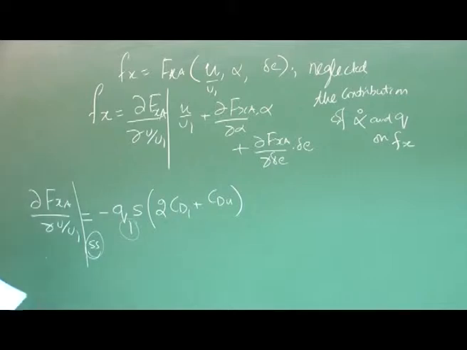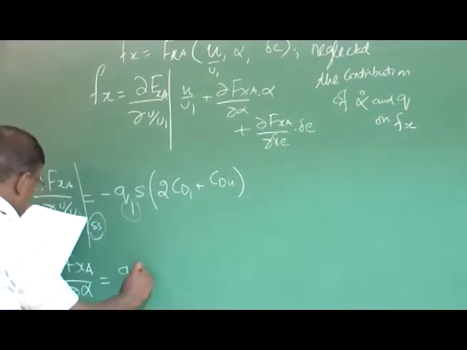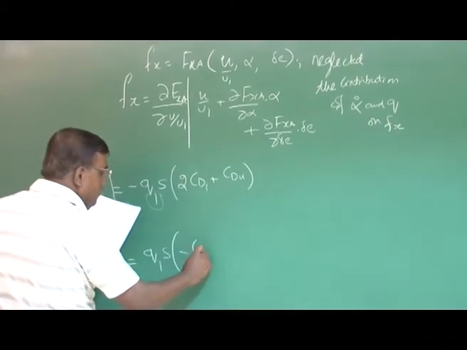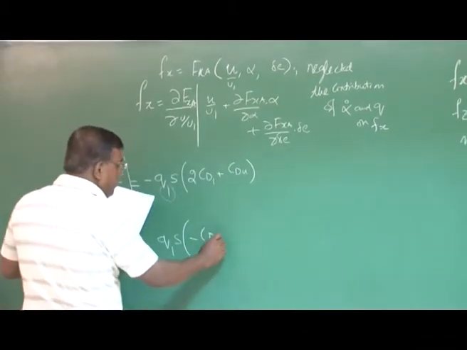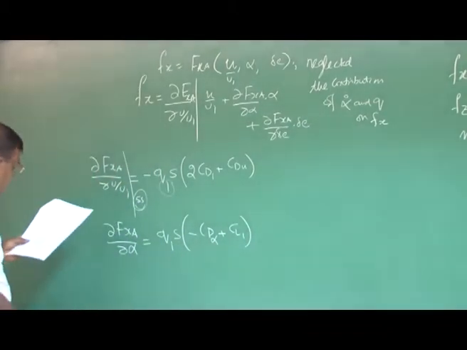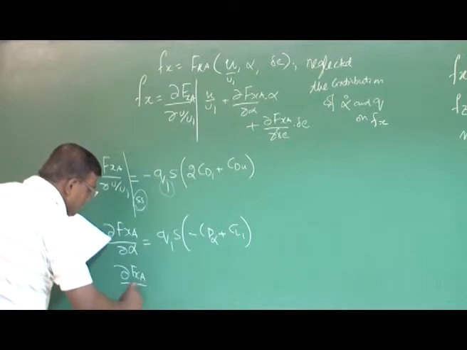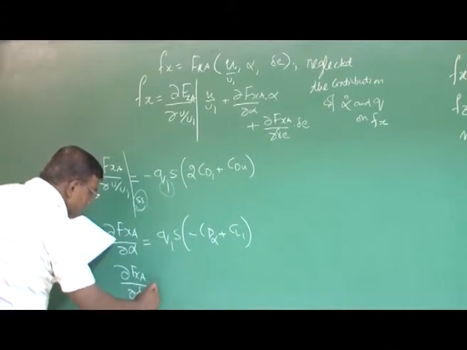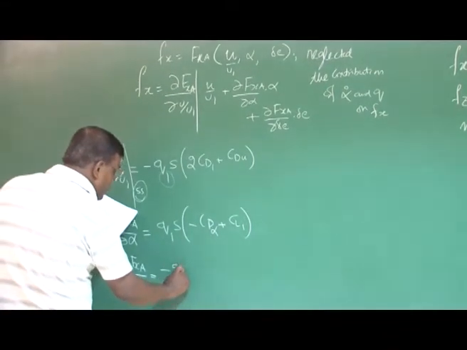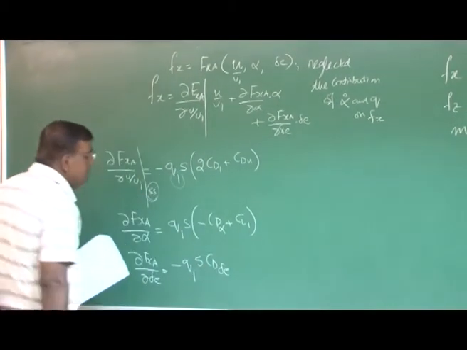Similarly, df xa by d alpha we found to be Q1 S times minus CD alpha plus CL1. And df xa by d delta E was found to be minus Q1 S CD delta E.